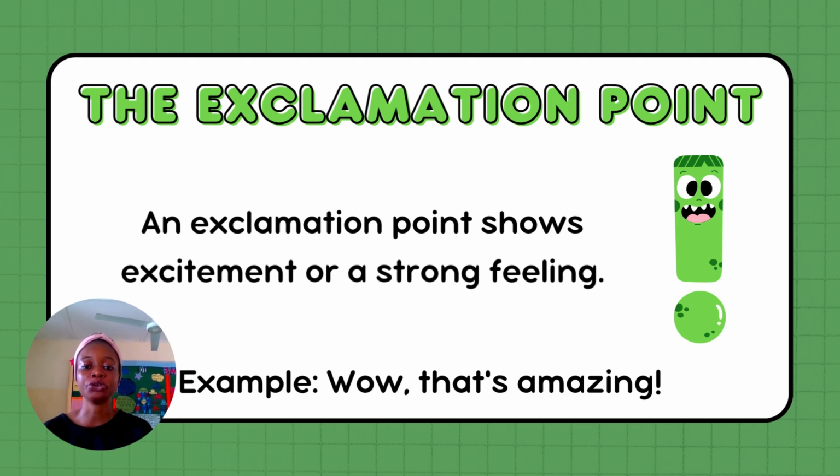You can see an example on your screen. Wow, that's amazing! So you can see the exclamation mark is written at the end of amazing, which is to express excitement or a strong feeling. So once again, we use our exclamation point for what? To show excitement or strong feeling.